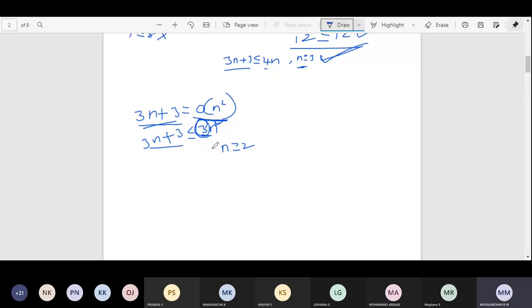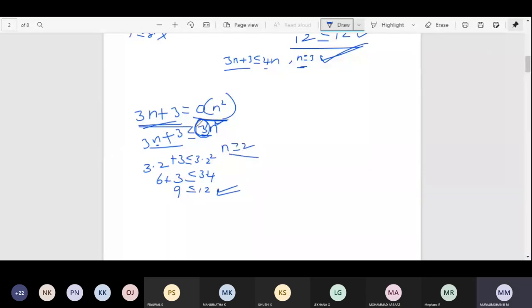If I take this n value as 2, then 3 into 2 plus 3 is less than or equal to 3 into 2 square. So 3 into 2 is 6 plus 3, 9. And 2 square is 4, so 4 3s are 12. So 9 is less than or equal to 12. Yes, it works for n greater than or equal to 2.